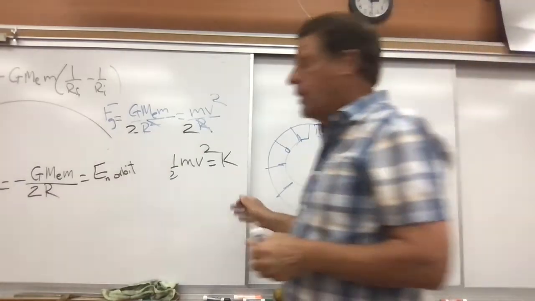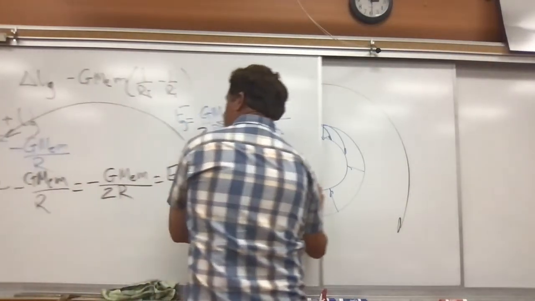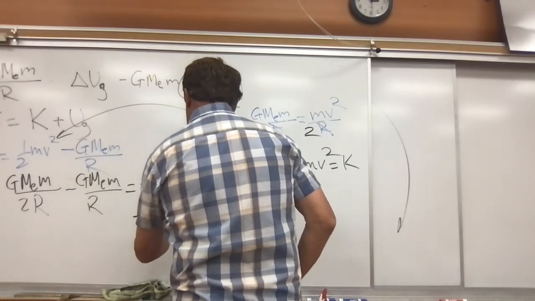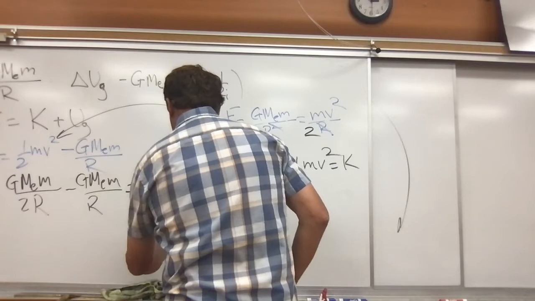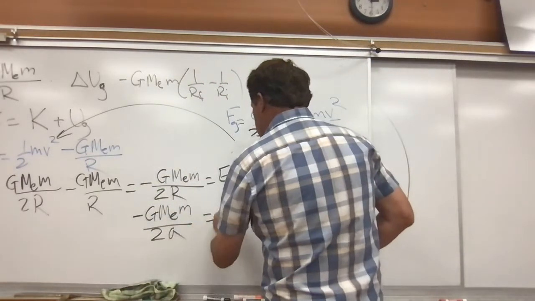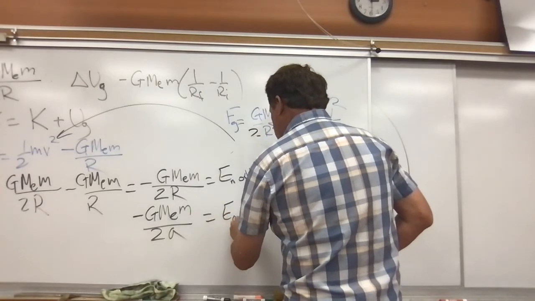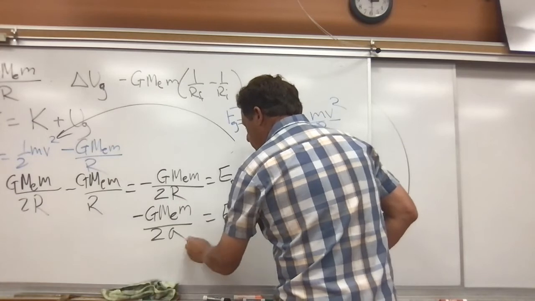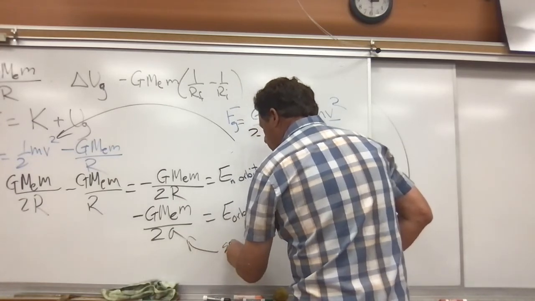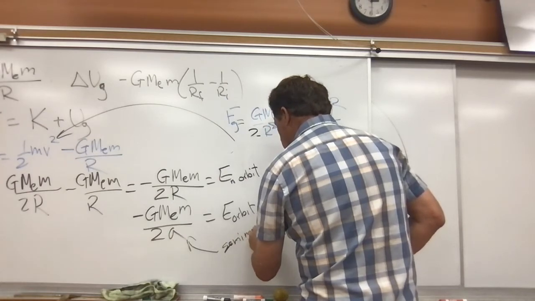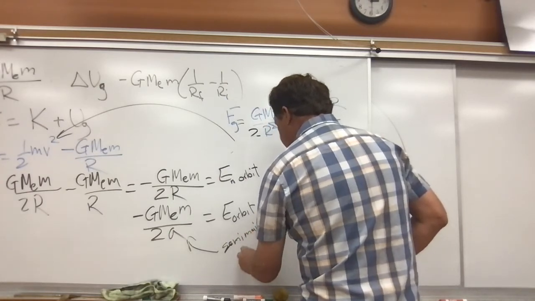Now, as it turns out, and I'm not proving it here, negative G MEM over 2A is also the energy of an orbit where this is an ellipse, and this is the major axis.